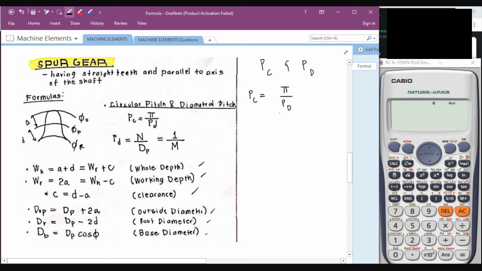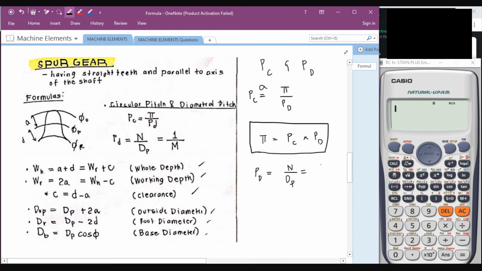We can reform this by cross-multiplying: pi is equal to circular pitch multiplied by diametral pitch, where your diametral pitch is equal to N, the speed of your cog or gear, divided by the pitch diameter.